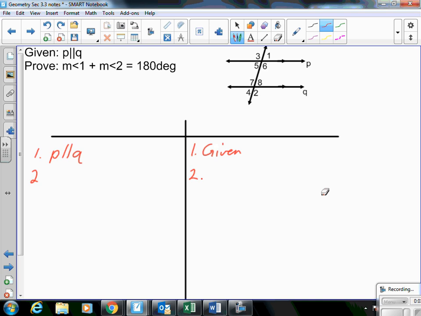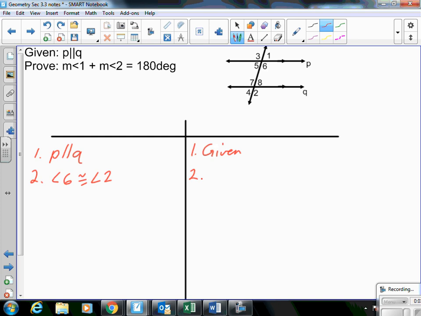They're corresponding angles. And what do we learn about corresponding angles on the theorems page? Corresponding angles will be congruent if the lines are parallel, and the lines are parallel, so we can say angle 6 is congruent to angle 2.